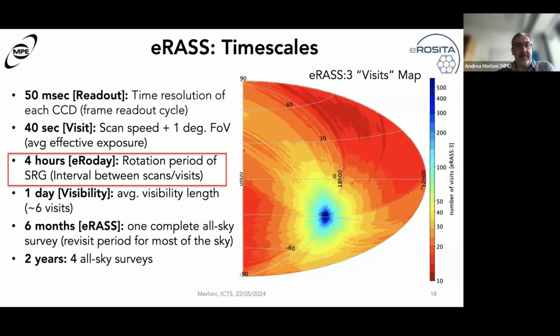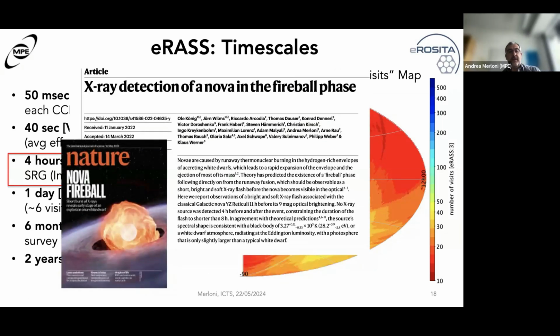In particular, the 4 hours time scale done so systematically was very rich of new discoveries. For example, in a Nature paper about 2 years ago, we were lucky enough to detect a nova in its fireball exploding phase, just because we passed over a source and we detected very bright emission that saturates our telescope, but the source was absent 4 hours before and 4 hours after.